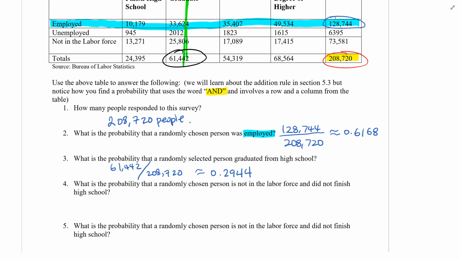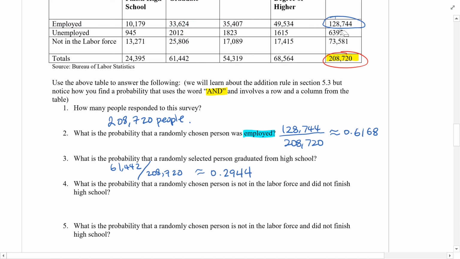All right, let's do the next one. What is the probability that a randomly chosen person is not in the labor force and did not finish high school? Okay, let me erase what we highlighted here so we can do it again, so it's not too confusing. So let's think about it. First thing is I want the person that's not in the labor force, and, two conditions, I want that person to have not finished high school, right?